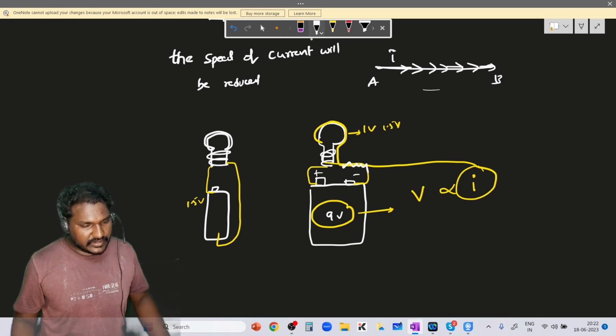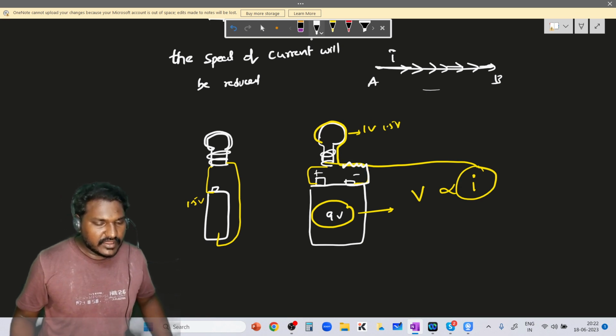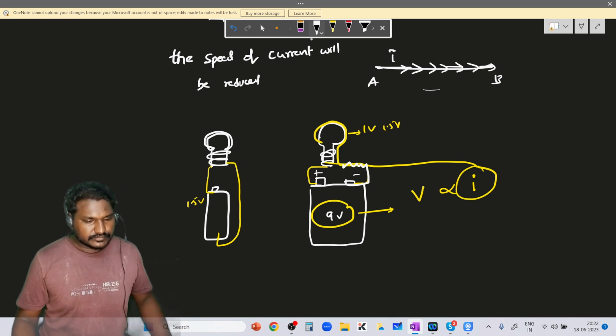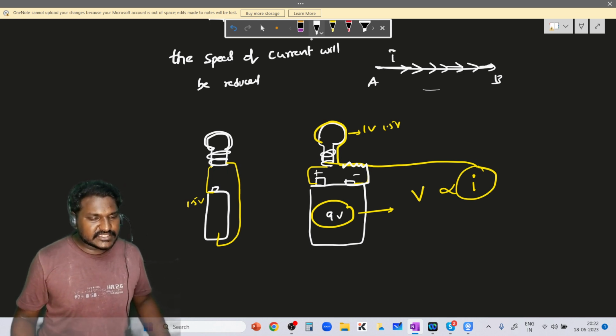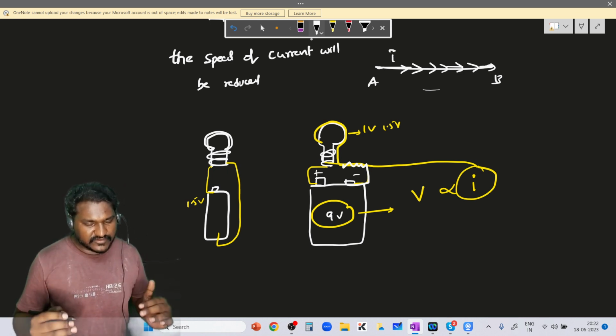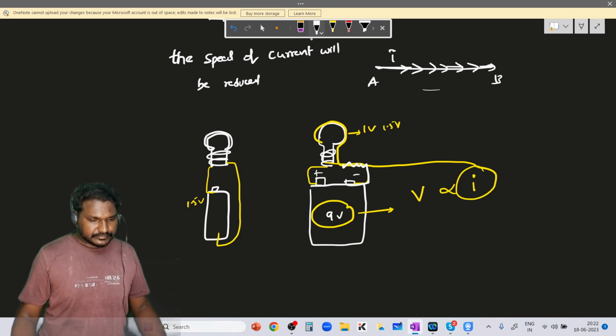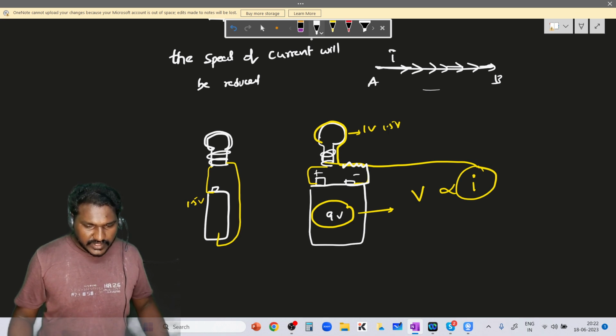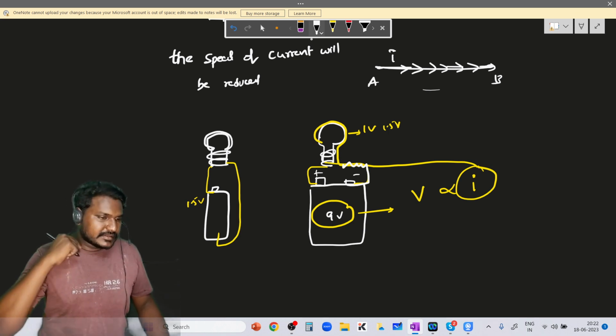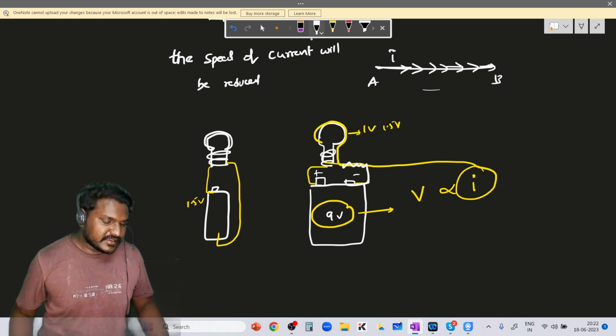Whenever connecting, we have to use resistance in between at one terminal. That resistance will reduce the speed of current, and it will reduce the pace of current. And this resistance is not the same for all kinds of material.